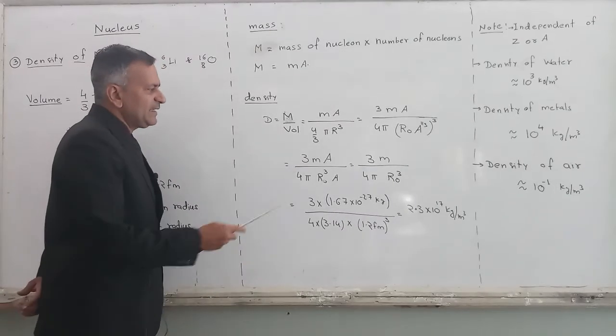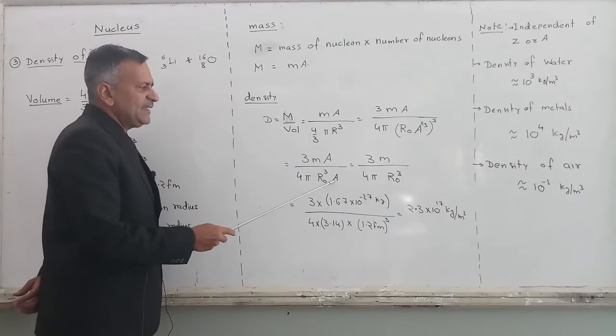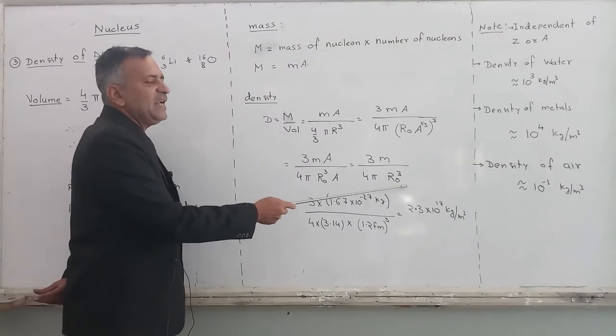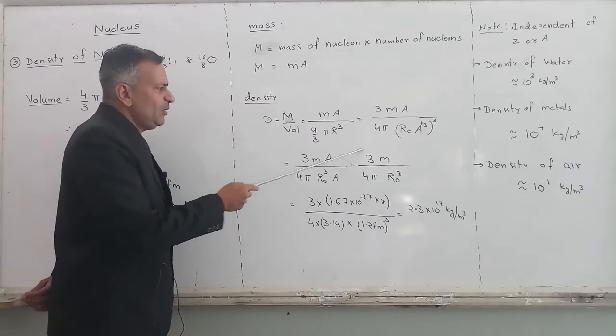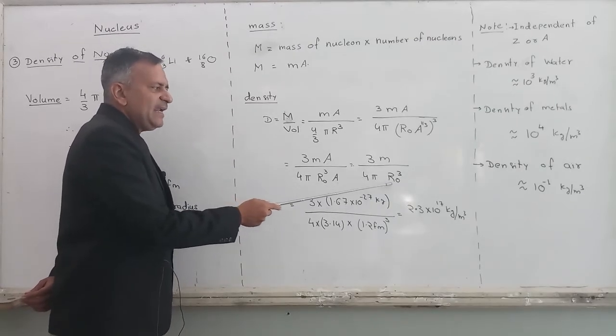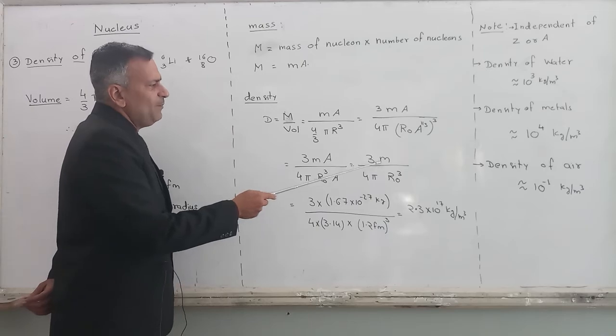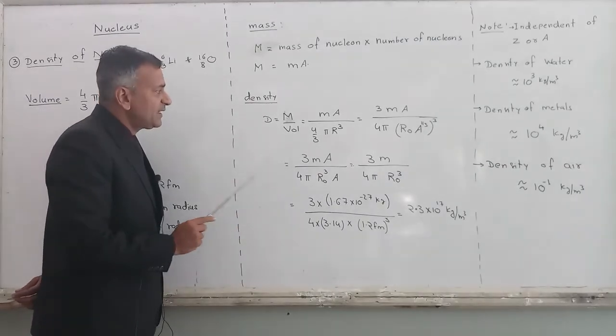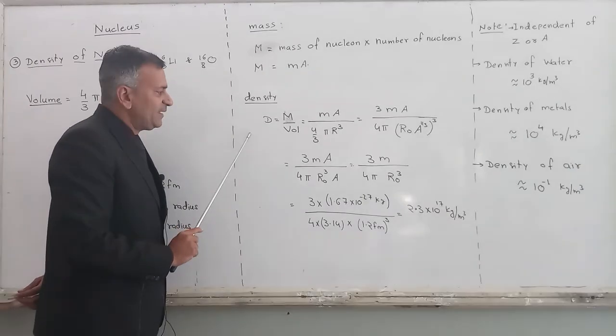When you expand this, A will cancel out, and what remains is 3m by 4 pi R0 cube. Now something to be noticed in this equation: 3 is constant, 4, pi and R0 are all constants. Even the mass of one single nucleon has a constant value. That means the density of nucleus is constant.